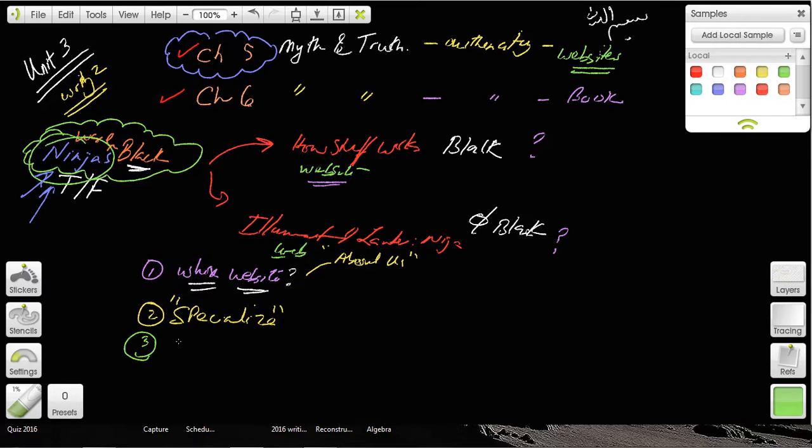Number 3: is there a certain bias going on there? In other words, does it seem to push a certain agenda? For example, it's difficult not to assume bias from a site about ninjas, who wear black, if the site is selling black ninja costumes or something like that.